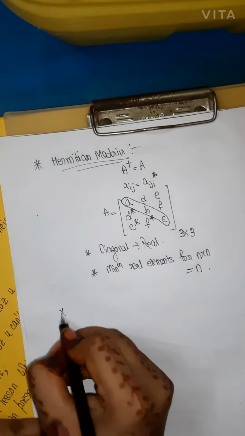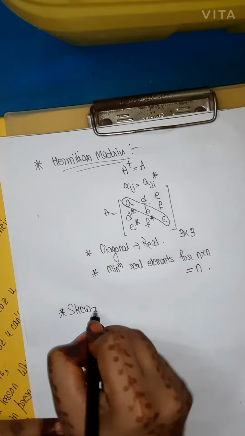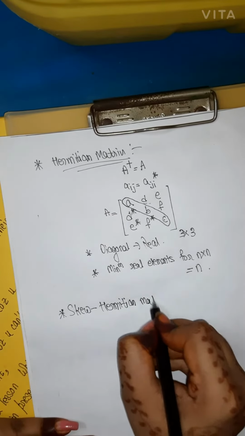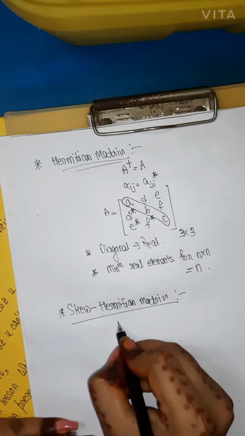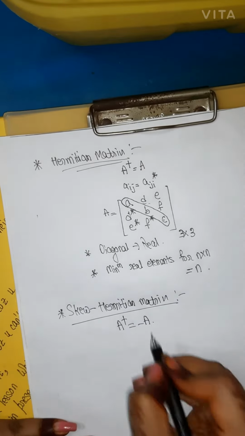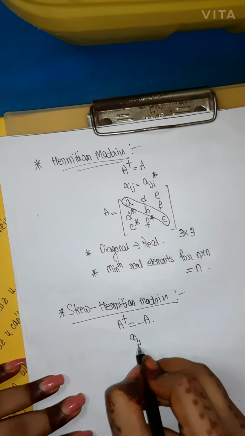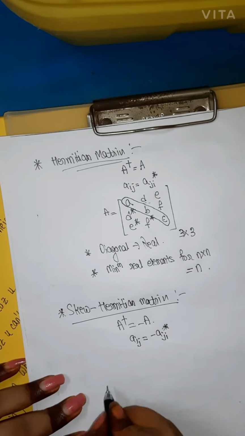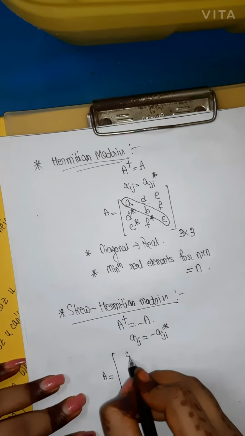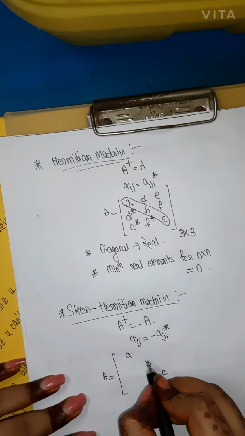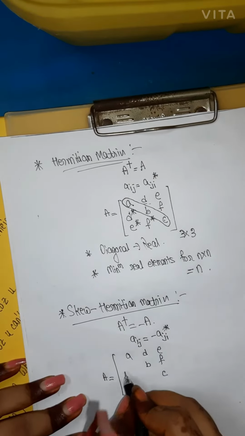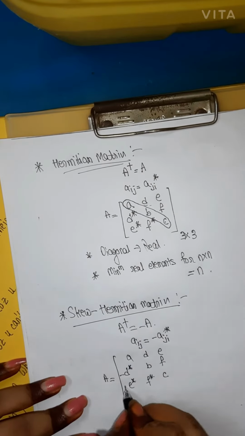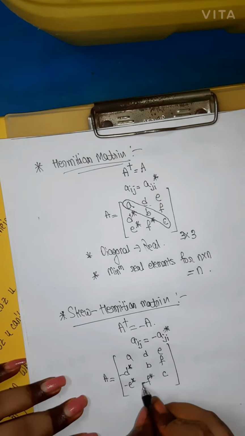And for skew Hermitian, that is anti-Hermitian only, we have A dagger is equal to minus A. That is, Aij is equal to minus Aji star. So we can write it simply as A, B, C and D, E and F, and D star, E star, F star. It is Hermitian. For skew Hermitian, we will add a minus.